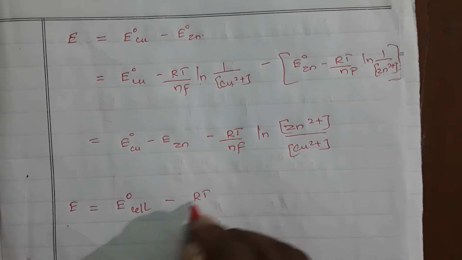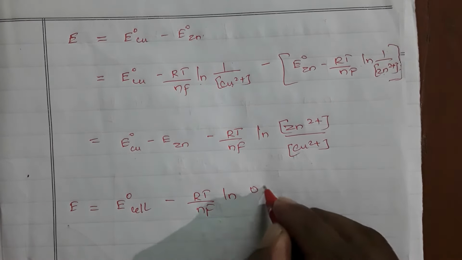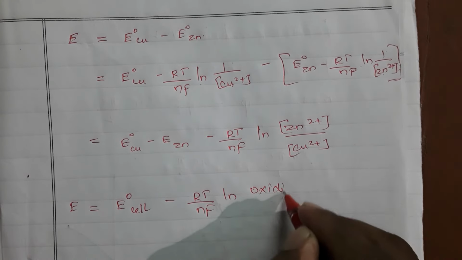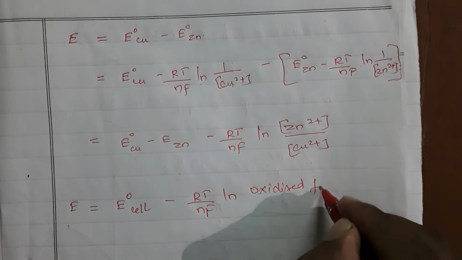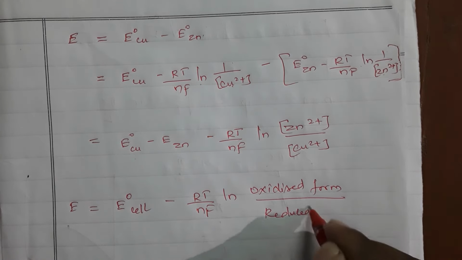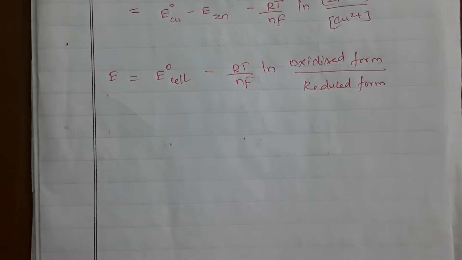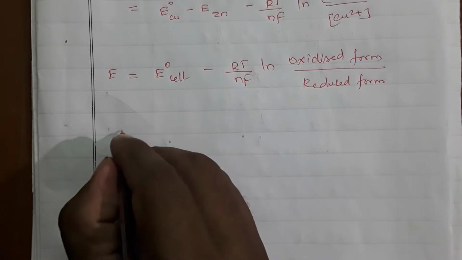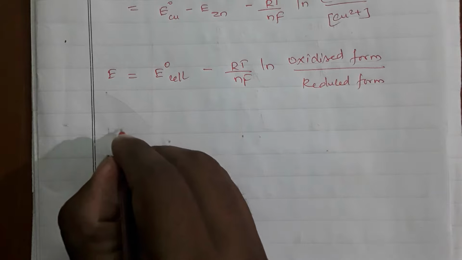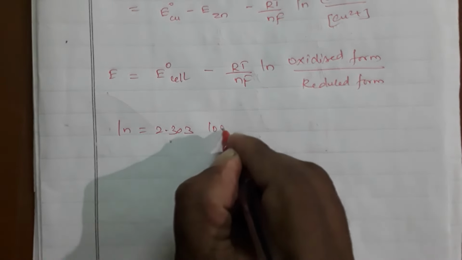minus RT by nF ln of, so zinc 2 plus is called the oxidized form, divided by copper 2 plus, which is the reduced form. We can write ln as 2.303 log.